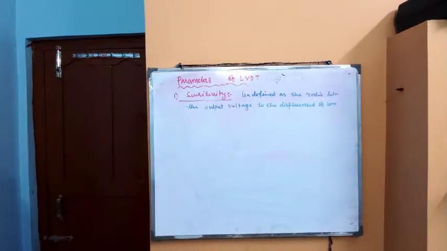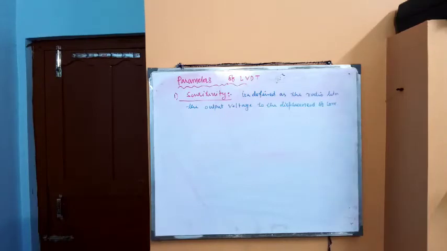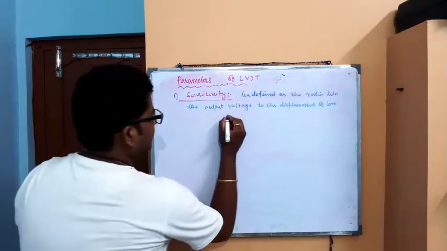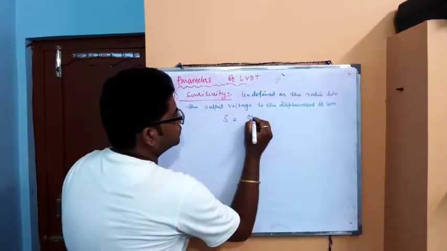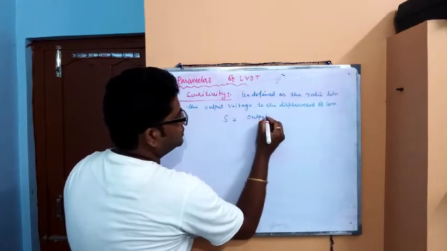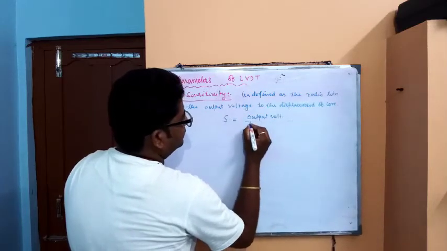Okay, so this is the definition of sensitivity of LVDT. Now the sensitivity is represented by the letter S, so that is equal to output voltage divided by displacement.